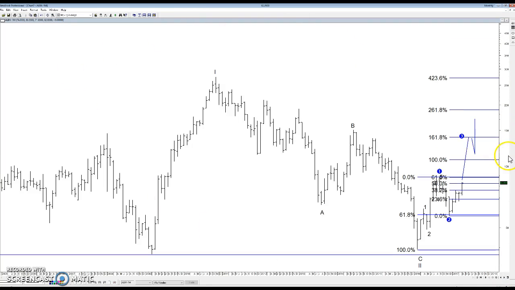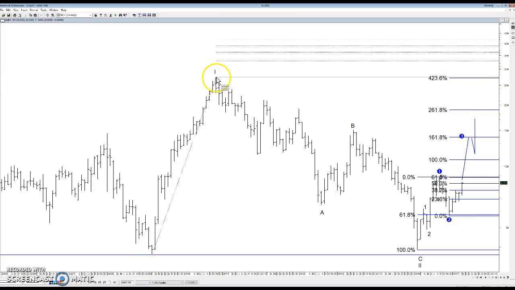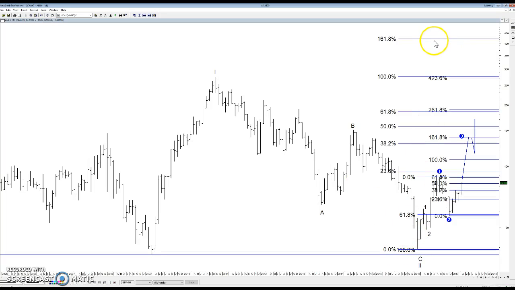And where is that? Let's have a look at that and have some fun. So that gives us a target of 422 rupees for the wave 3 of a larger degree to finish.